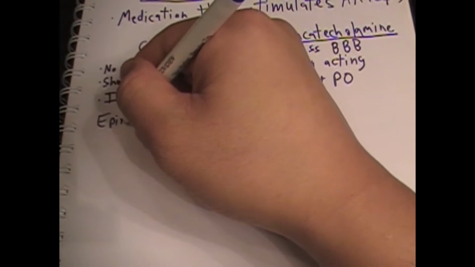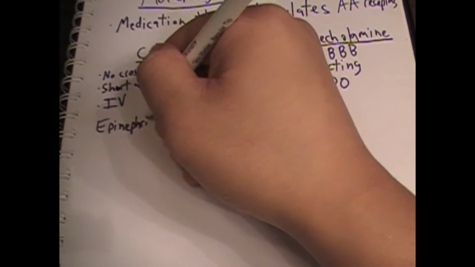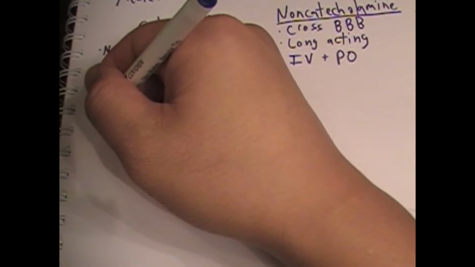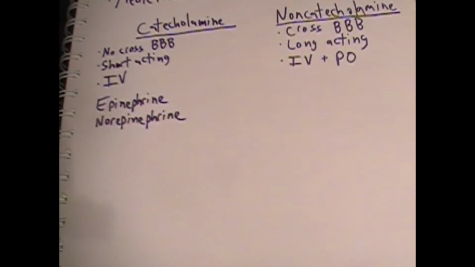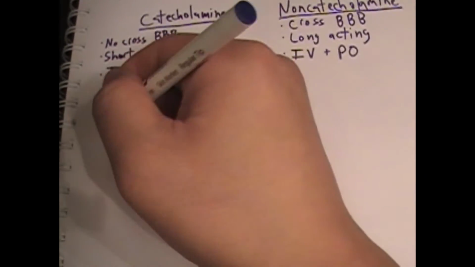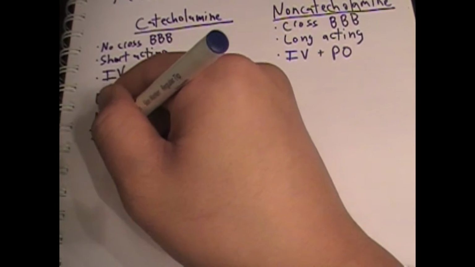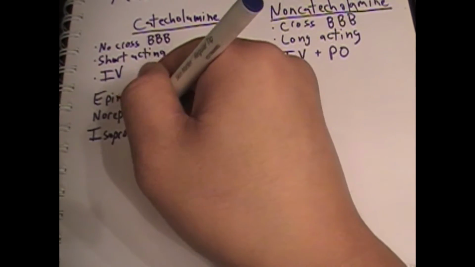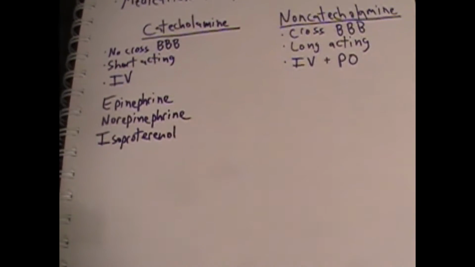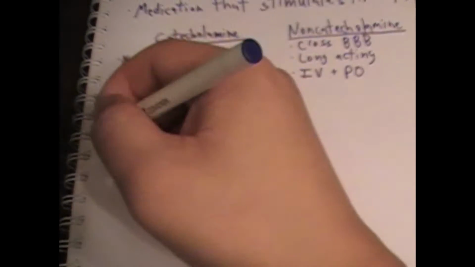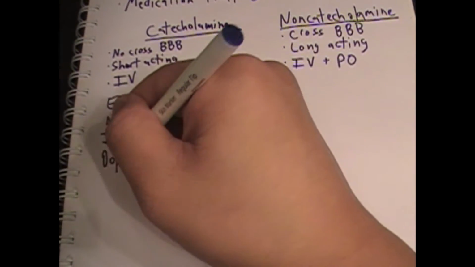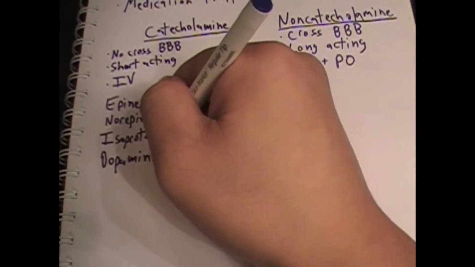Now we're going to go over the different medications that fall under each group. So under catecholamines, the first was epinephrine. The second, norepinephrine. The third we have here is isoproterenol. The fourth in this group, dopamine.